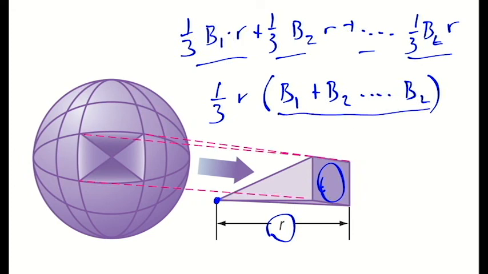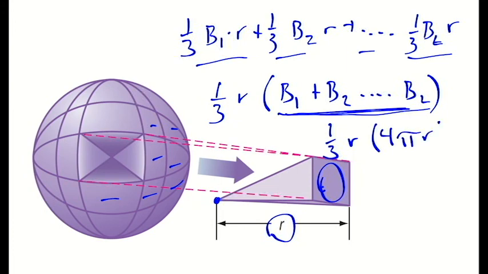Now, if I add up all those bases, because those are all coming from the exterior of the sphere, that is equivalent to the surface area of the sphere. They would all add up to the surface area of the sphere every single time. So what we have here is 1/3 the radius times the surface area of the sphere, which is 4 pi r squared. If we clean this up a little bit, 4 times 1/3 is 4/3.